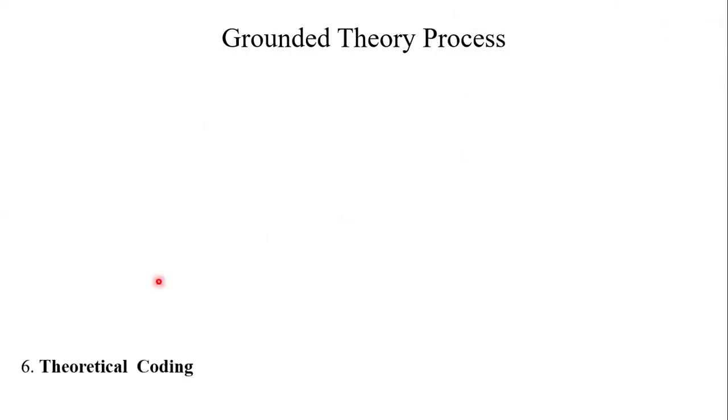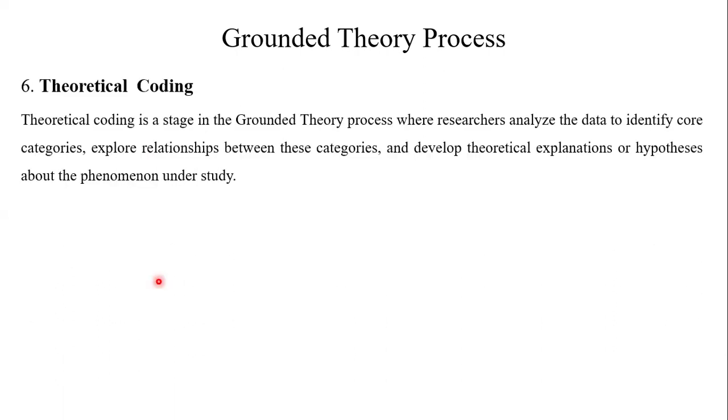So in theoretical coding, you try to generate some codes after theoretical sampling, after collection of some additional data. So you explore the relationship between these categories and develop theoretical explanation or hypothesis about the phenomena under study.